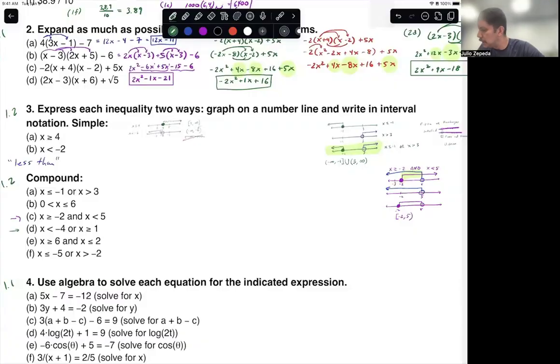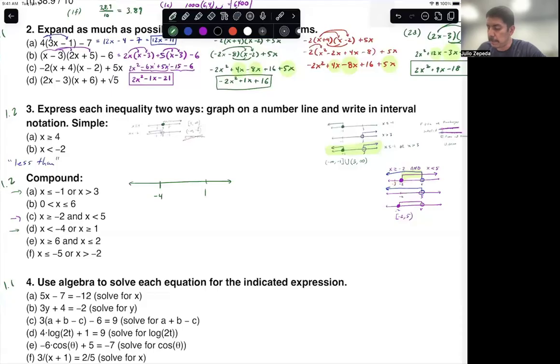So for part D, we already did A. We have x is less than -4, or x is greater than or equal to 1. So if we get comfortable enough, we could try just drawing this on one single number line.